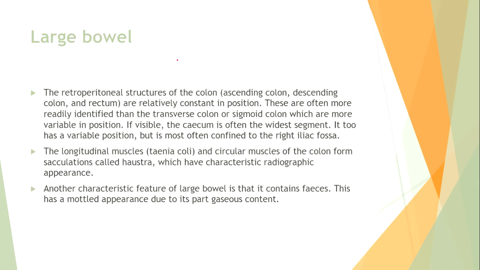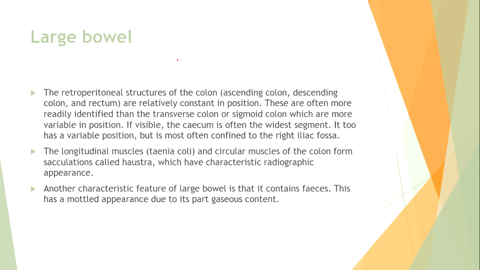Large bowel. The retroperitoneal structures of the colon, the ascending colon, descending colon, and rectum, are relatively constant in position. These are often more readily identified than the transverse colon or sigmoid colon, which are more variable in position. If visible, the cecum is often the widest segment.